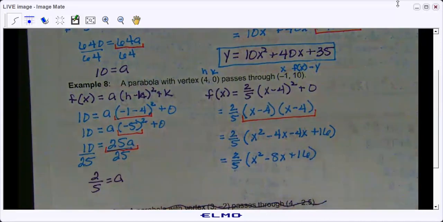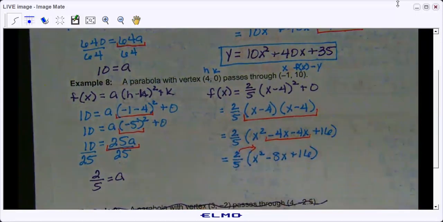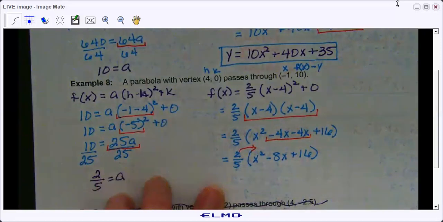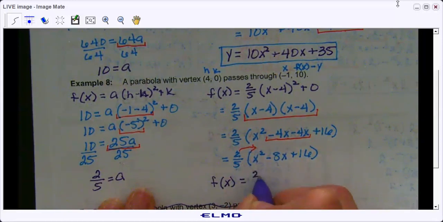Now I'm going to distribute my 2/5, and because it's multiplying, it's a little bit easier. So 2/5 times x squared equals 2/5 x squared.